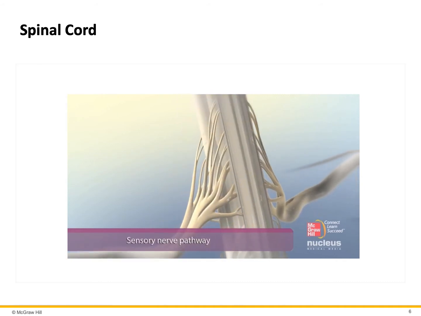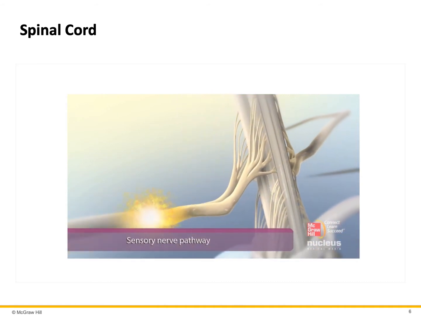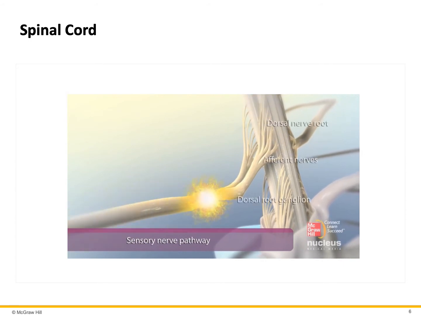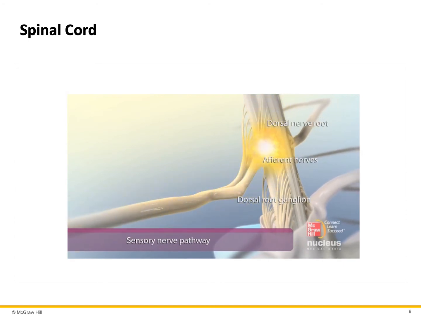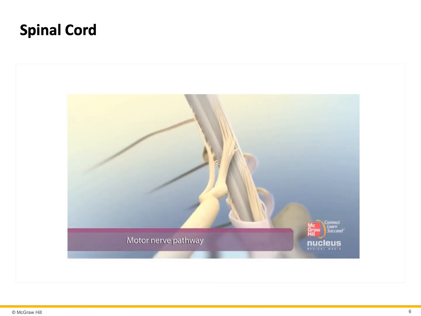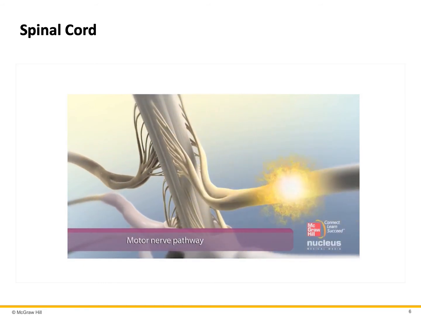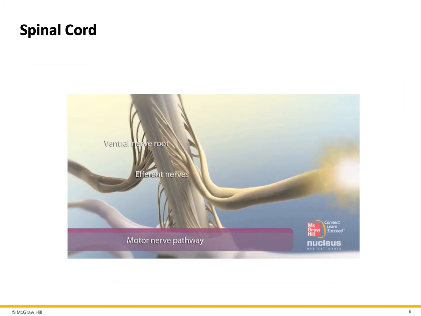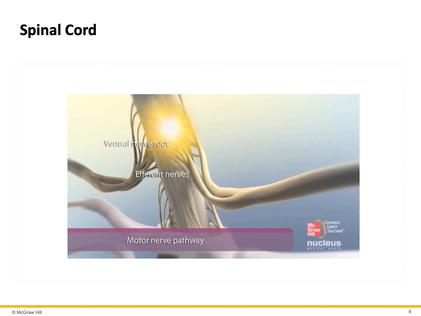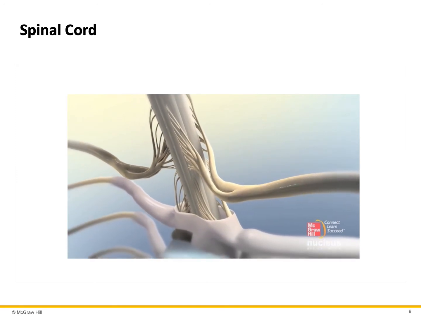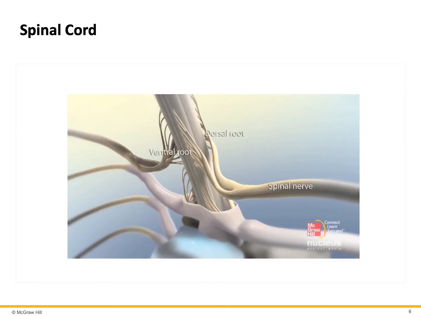Sensory nerve impulses travel from the body to the brain through afferent nerves in the dorsal root ganglion and dorsal root. Motor nerve impulses travel from the brain to the body through efferent nerve axons in the ventral root. Dorsal and ventral roots merge to form each spinal nerve.